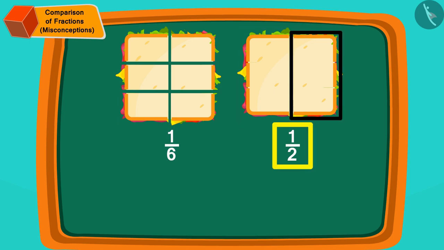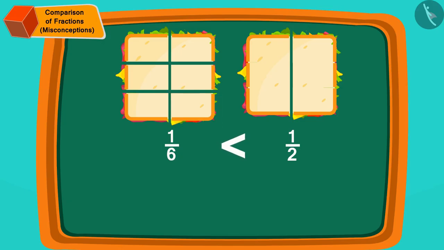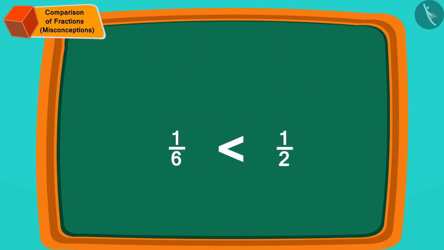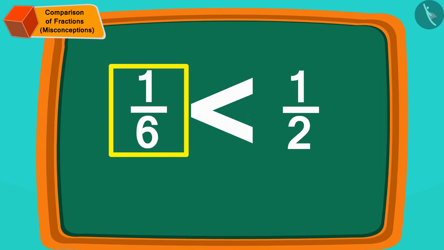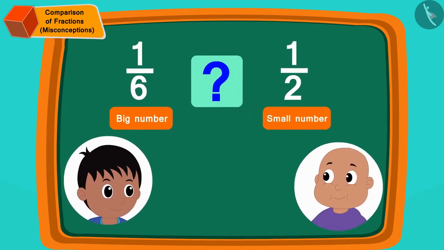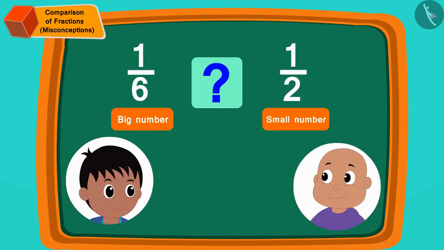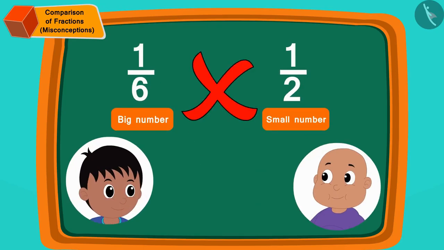Therefore, a piece of 1/2 part is larger than a piece of 1/6 part. Or, we can say that the fraction 1/2 is greater than the fraction 1/6. Therefore, Raju's statement is not correct.